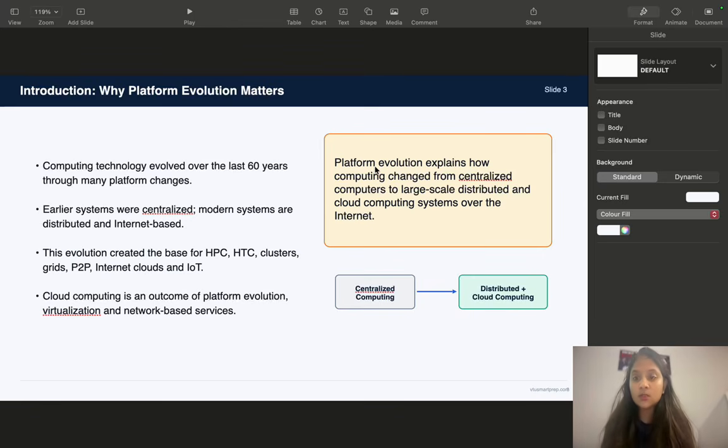Later, computers became smaller, cheaper, and more powerful. After that, computers started connecting through networks, then clusters, grids, peer-to-peer systems, and finally cloud computing came into the picture. So this topic explains how we move from mainframe computers to cloud computing and IoT.